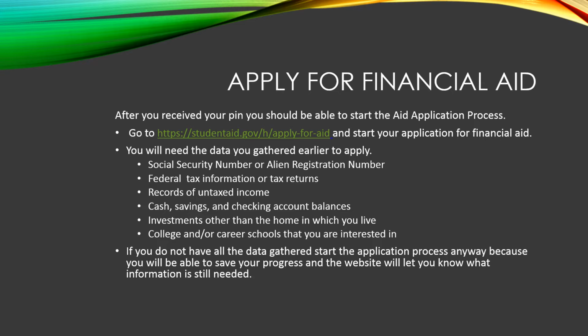You will need the data that you gathered earlier to apply: your Social Security number or alien registration number, federal tax information or tax returns, records of untaxed income, cash, savings, and checking account balances, investments other than the home in which you live, and the college and/or career schools that you are interested in. If you do not have all the data gathered, start the application process anyway, because you will be able to save your progress and the website will let you know what information is still needed.